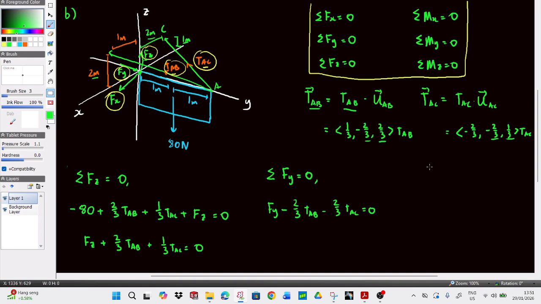And then for Fx equals 0, we're left with Fx, which is positive, and then we have 1/3 TAB minus 2/3 TAC equals 0. So this is what we're facing right now. We have 3 equations, but we still have 5 unknowns, so we also need to use more equations to solve the problem.